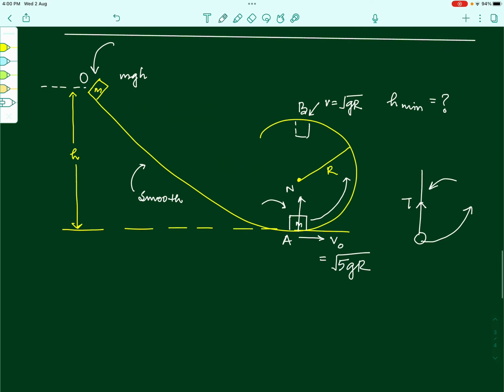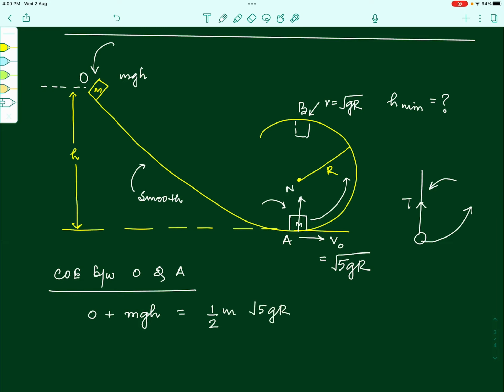So we can directly use the conservation of energy between O and point A, saying that the kinetic energy at O, which is 0, plus the potential energy at O, which is mgh, should be equal to the kinetic energy at A, which we want to be half m into root of 5gr whole squared.